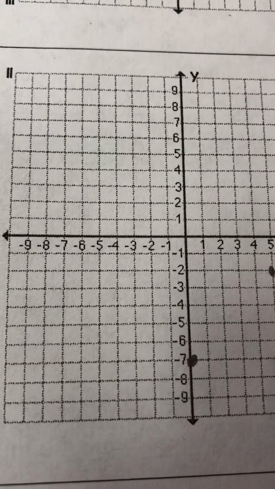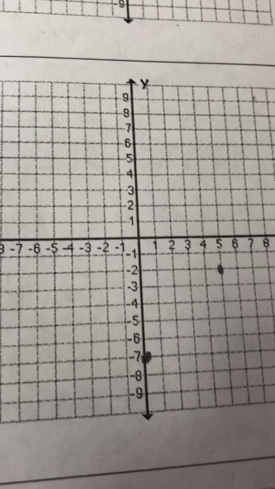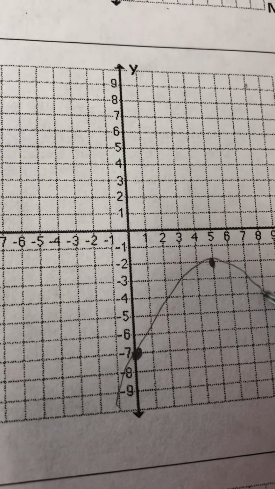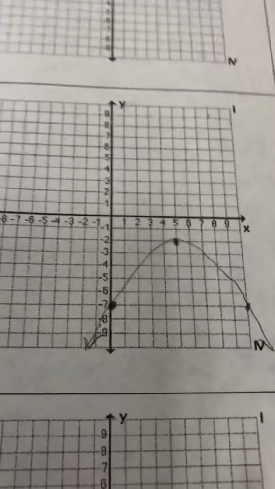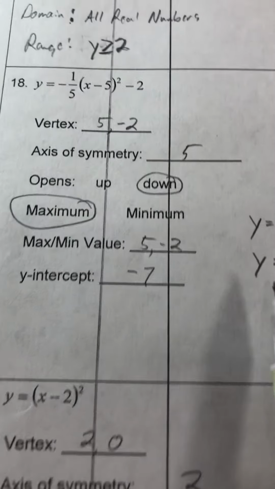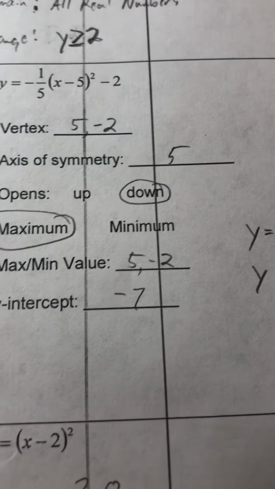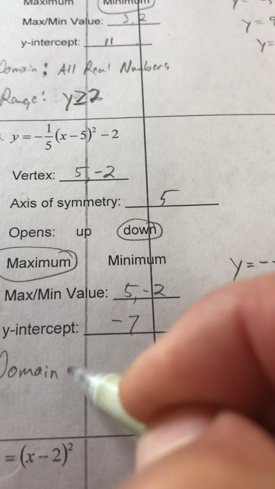So if I can go 1, 2, 3, 4, 5, 1, 2, 3, 4, 5, it's going to be more shaped like this. Once again, the calculator method that he explained in class would get you some more points in there, but that's basically it.